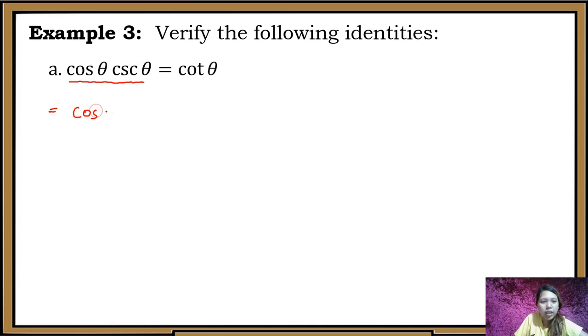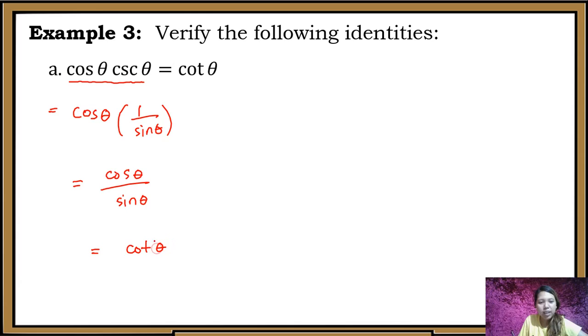Cosine theta times cosecant is 1 over sine theta, which is equal to cosine theta times 1, that's cosine theta over sine theta. And this is already equal to cotangent theta. So it's already verified.